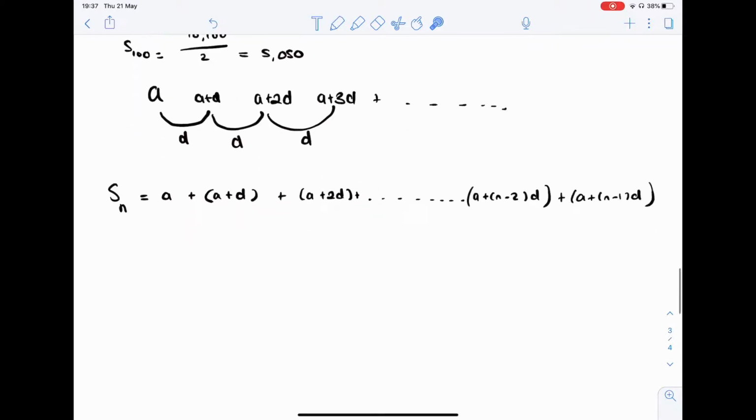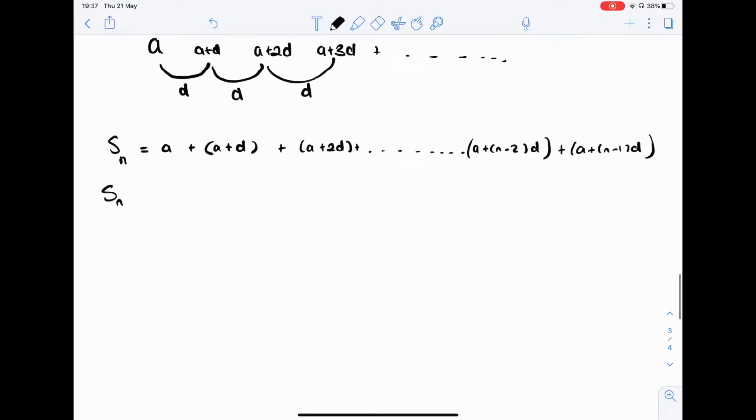Let's do the same thing here. It's equal to A plus (n minus 1)D plus A plus (n minus 2)D plus A plus (n minus 3)D, and on until you get A plus D and just A.